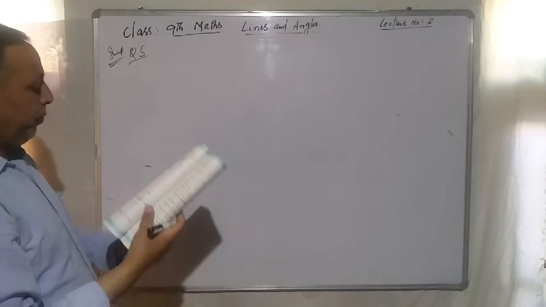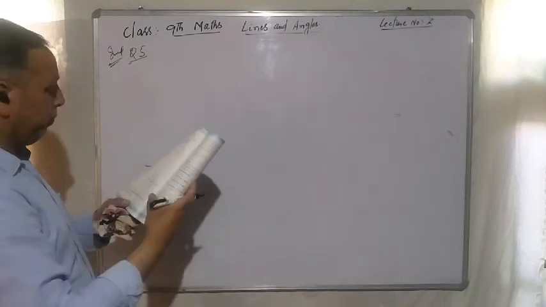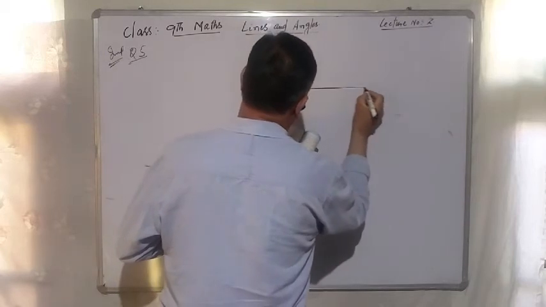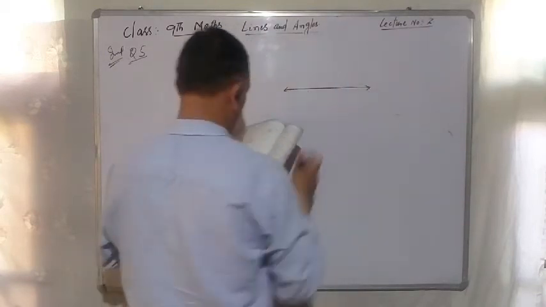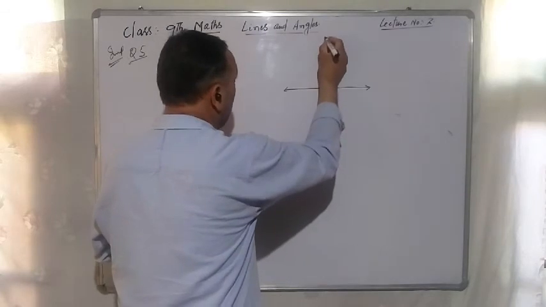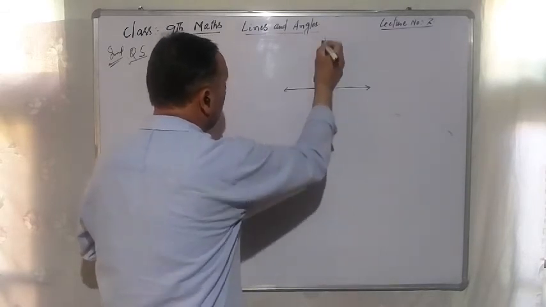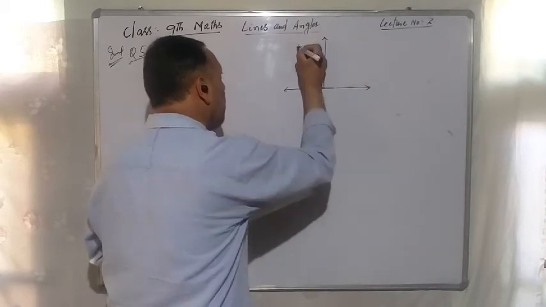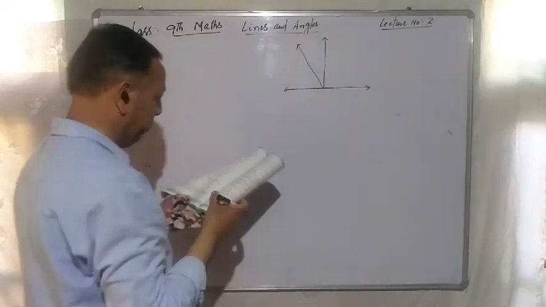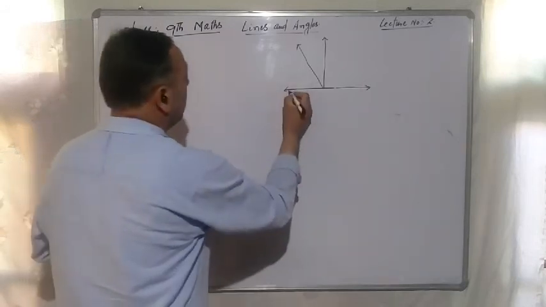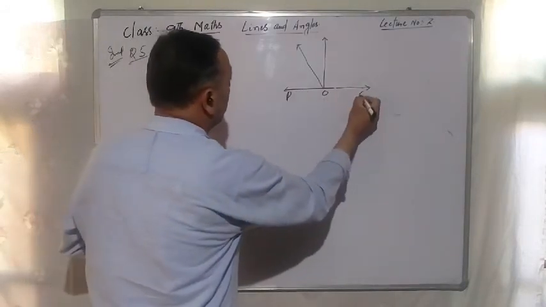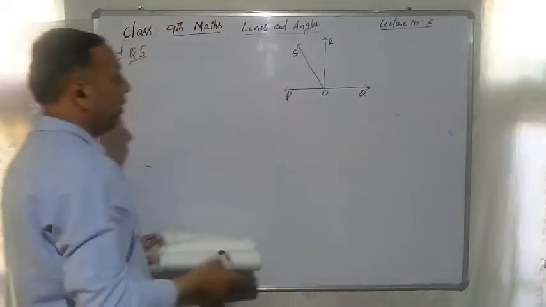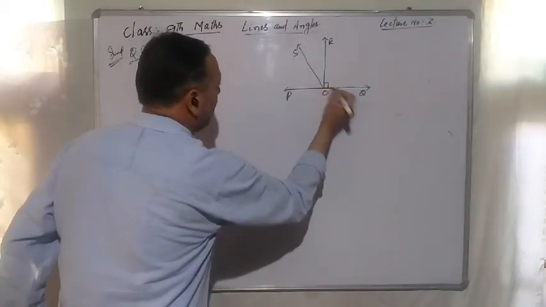The question is, in the figure, a figure is given. Let me draw the figure here. This is P, O, Q, R, and S. And this OR is perpendicular on PQ.